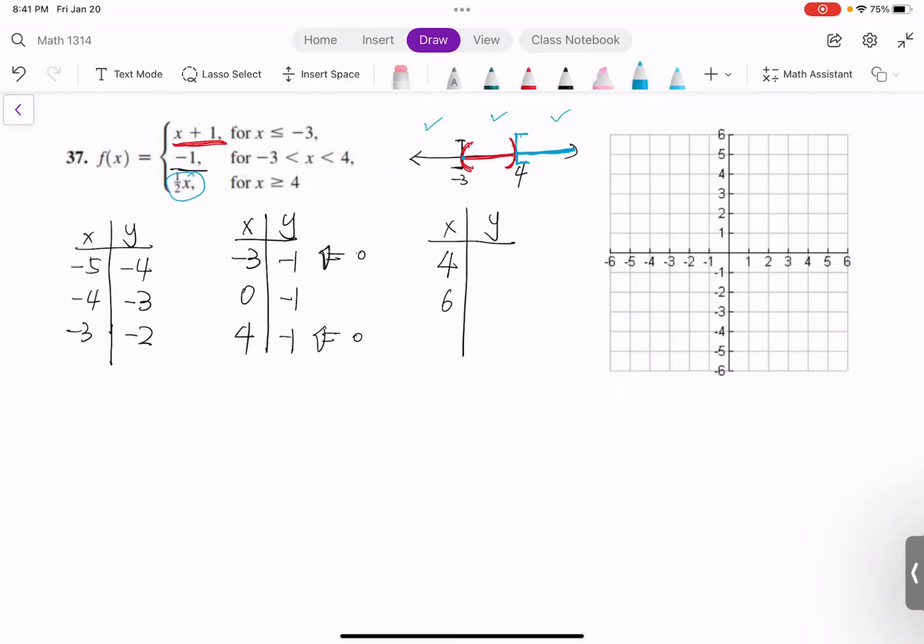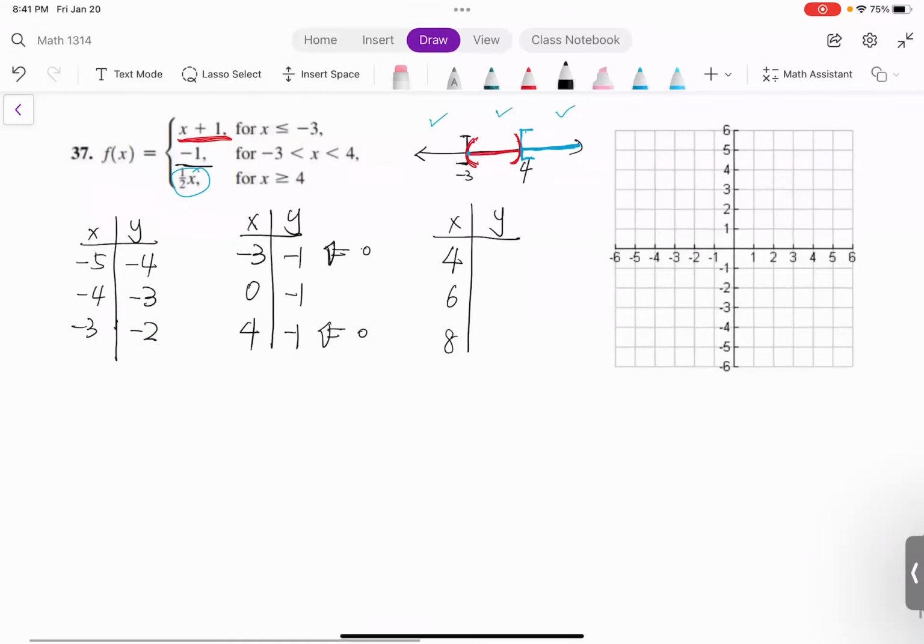If x is an even number like 4, 6, 8, the result is an integer, an easy number, so I can plot it easily. So let's try x equals 8. 1/2 times 8 is 4.